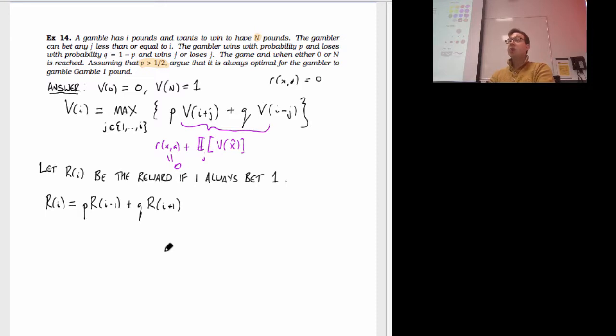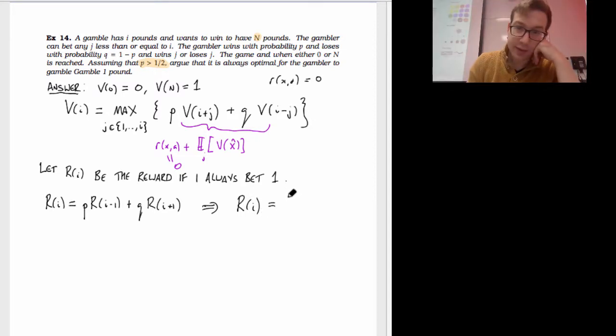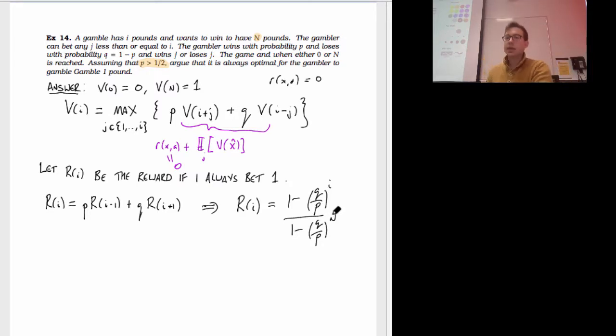It's an equation you can solve. I can give you a hint in a minute as to how you solve it. It doesn't really matter too much. But you can show that the solution to that equation is 1 minus (q over p) to the I, divided by 1 minus (q over p) to the n.